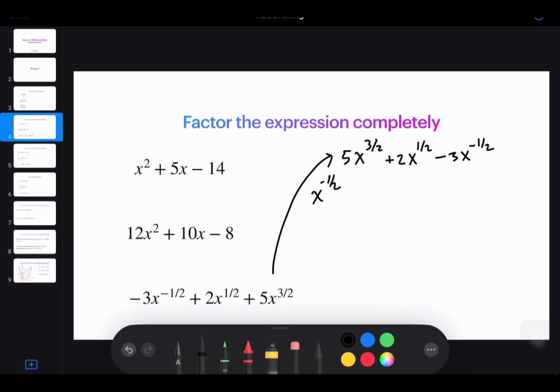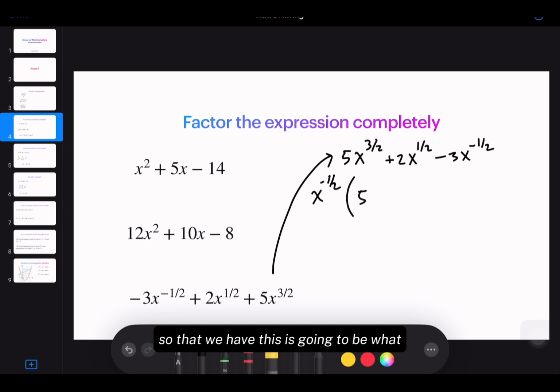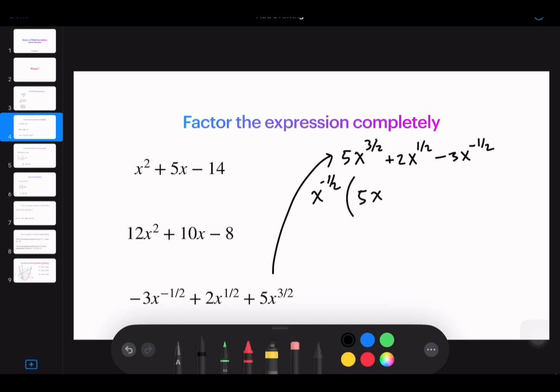So what I want to do is take, so that we have this is going to be what? 5x cubed, right? Plus 2x squared minus 3x.